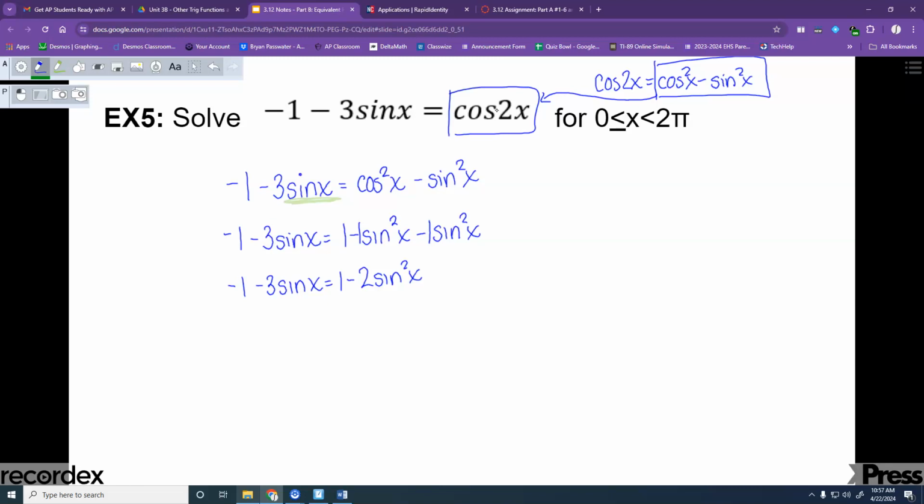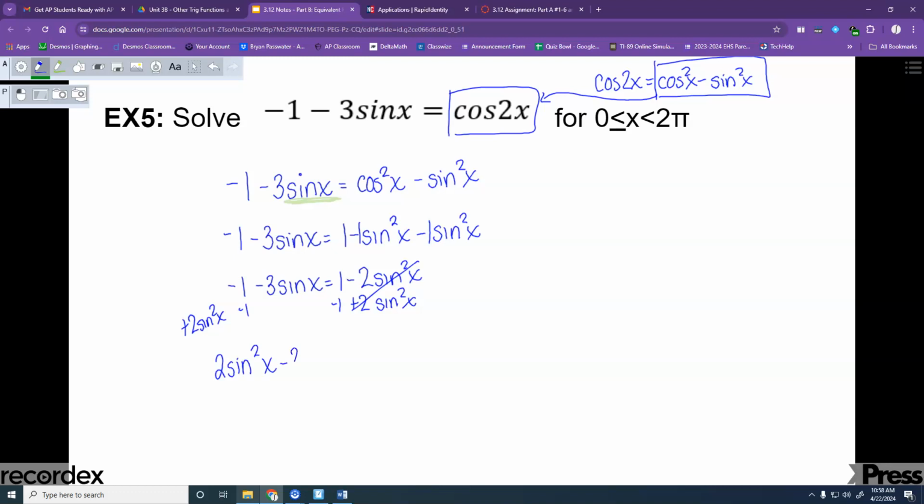We do want to factor, but before we can factor, everything has to go to one side. I would move everything to the left side. It will be easier to factor if your sine squared is positive. So I would move this plus 2 sine squared x over here. I would subtract that 1 right there, and I would write it in order. So I'd have 2 sine squared x.